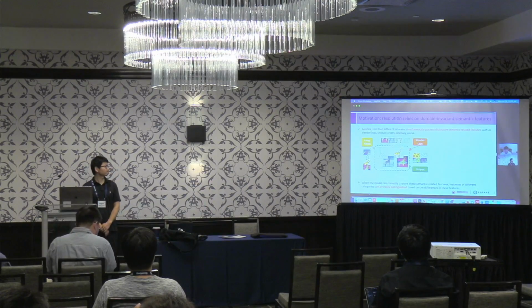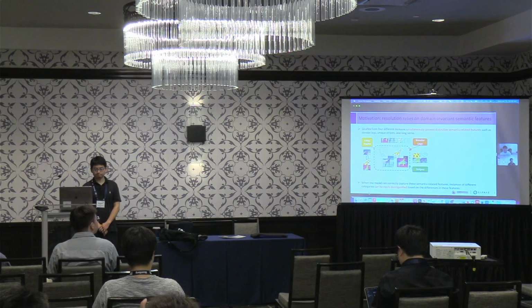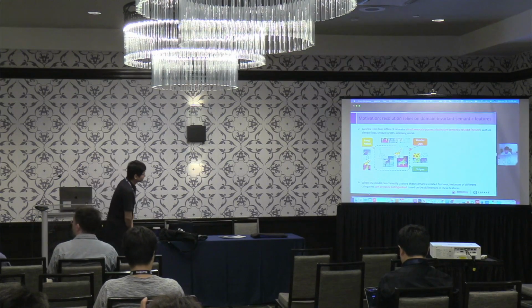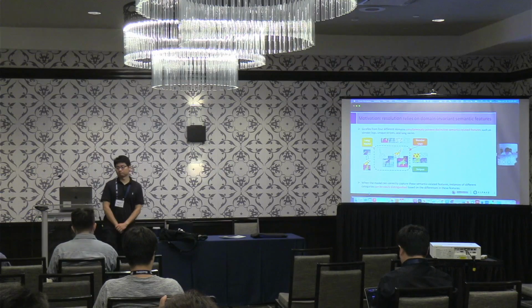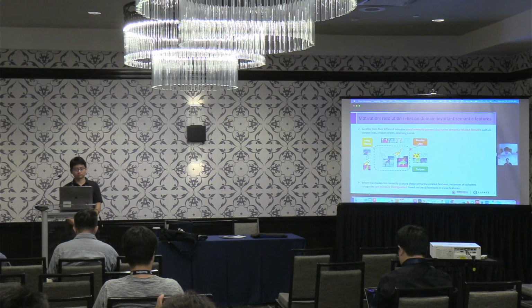As shown in the figure, these are giraffes from four different domains: the sketch, the cartoon, the real, and another domain. They possess distinctive semantic-related features such as slender legs, unique stripes, and long necks.